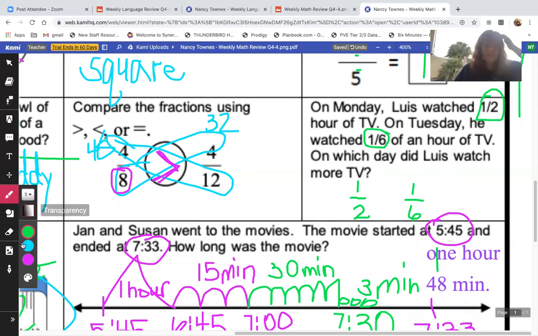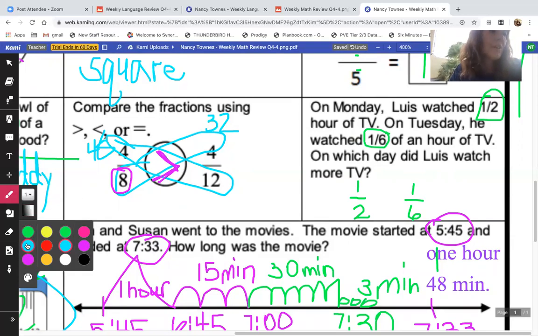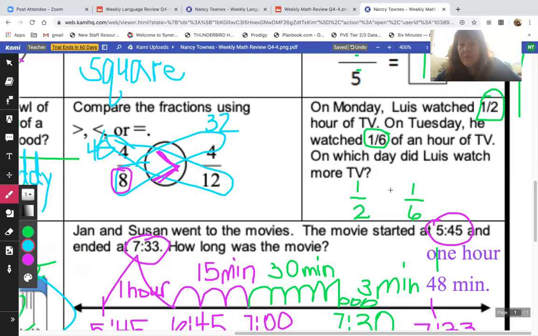Now I noticed that the numerators are the same exact number, they're both 1, and the denominators are different. And we know that the bigger the denominator, if the numerators are the same, then the smaller the fraction. So just knowing that, I know that 1/2 is greater than 1/6.